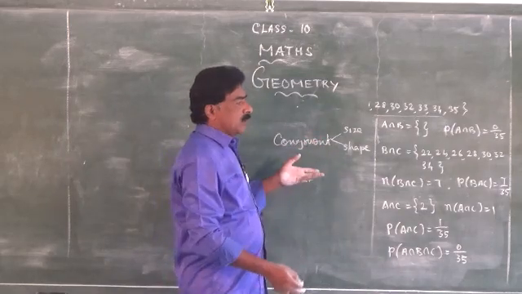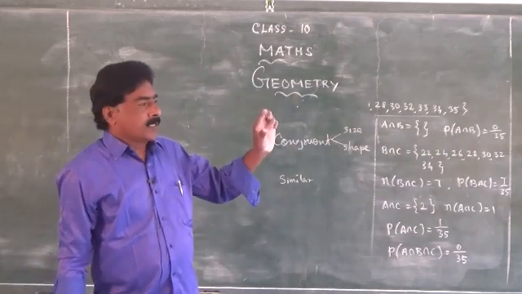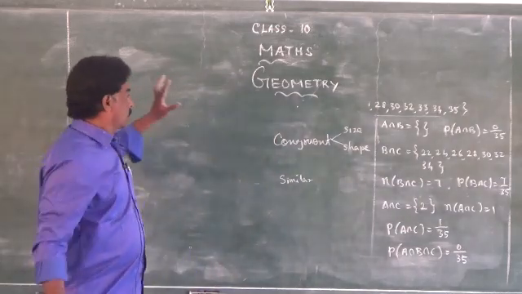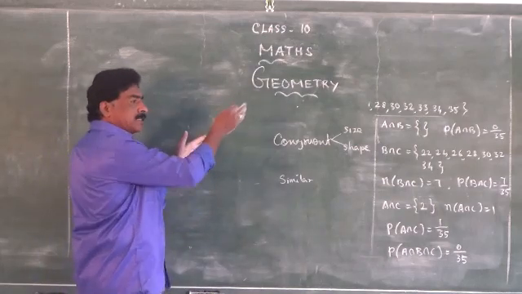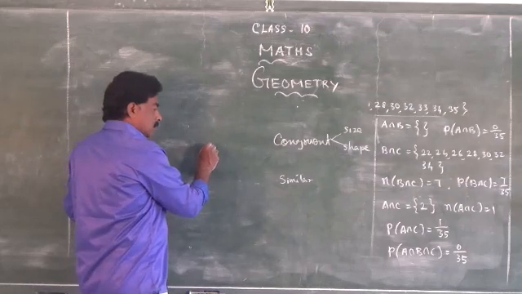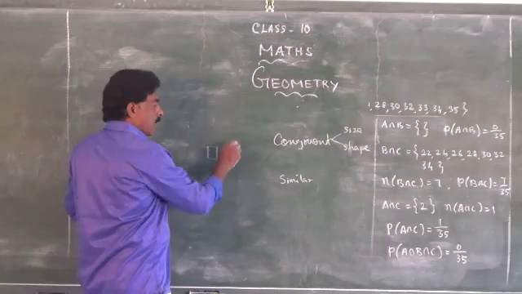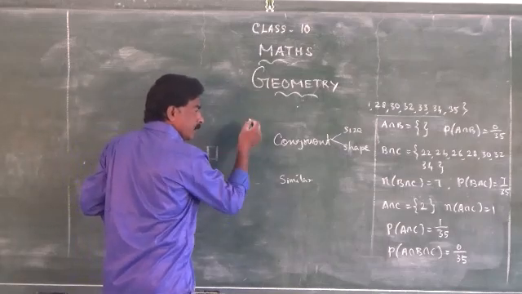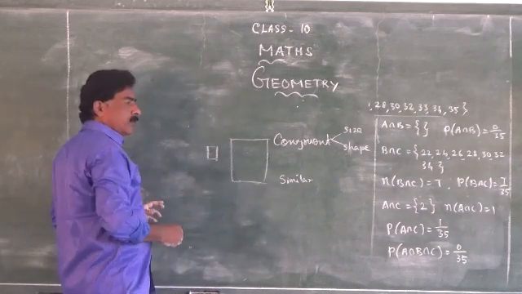Same shape. Suppose you take your photograph, passport size or postcard size, the shape is the same, the figure is the same, but only the size is different. Even if you print a flex, your shape is the same, but the sizes are different.